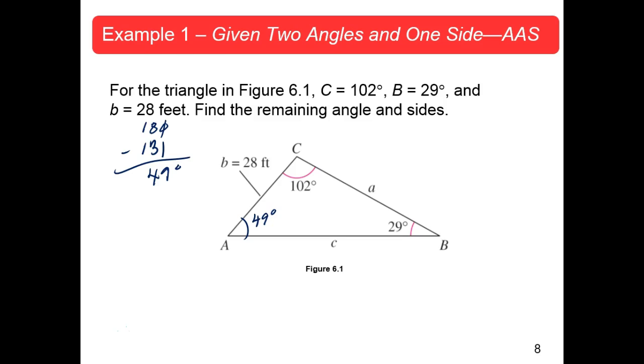What's next? What would you go for next? And how would you get it? Side C, it sounds like. Either side A or side C. What are you going to use to get them?